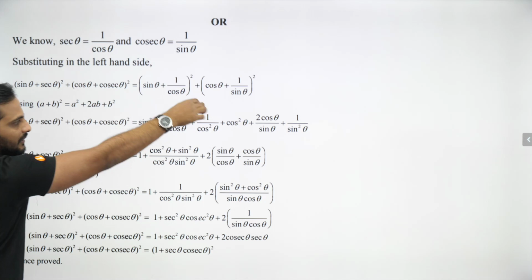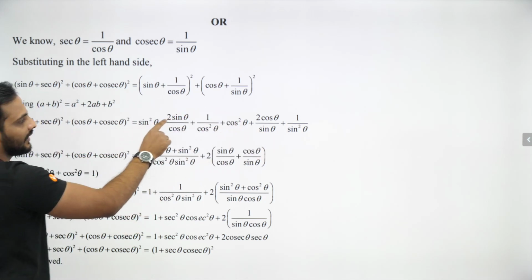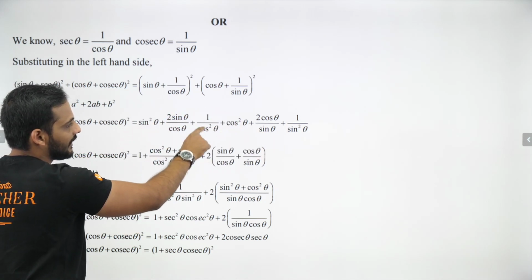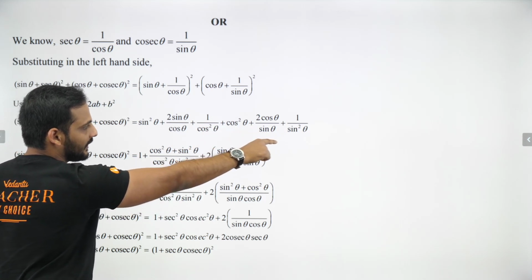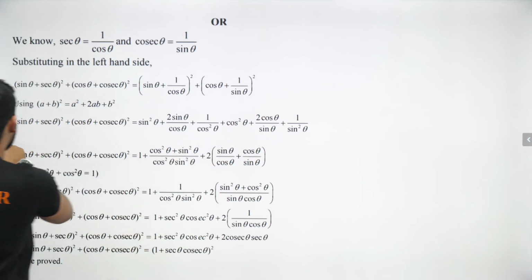Right? Expand the bracket of (a plus b) whole square, so sin square theta plus 2 sin theta by cos theta plus 1 by cos square theta, and here also the same expansion. Sin square theta and cos square theta will be equal to 1.